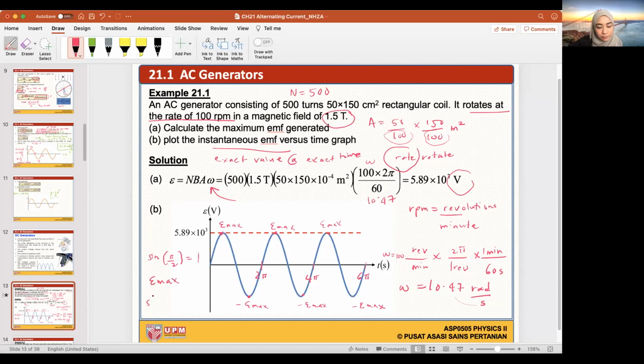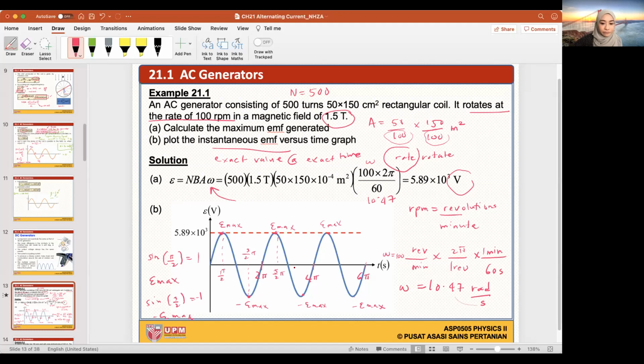At sine 3 pi over 2, we get minus 1, so minus E max. This is 3 over 2 pi. This one is pi over 2. This one is, not sure, 5 over 2. Oh yeah, 5 over 2.